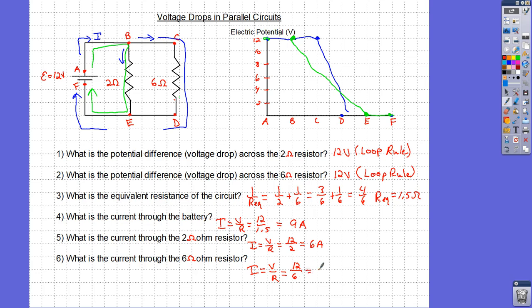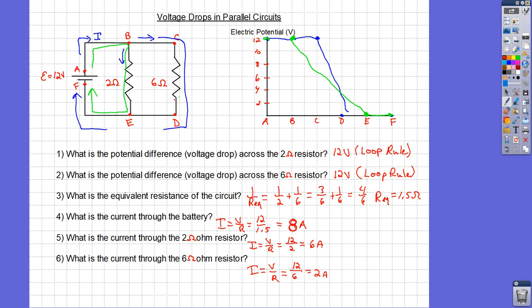So that's going to be 2 amps, which means, was I wrong? Did I do my math wrong here? 1.5. Yeah. So that would be 8 amps, right? Yes, that would be 8 amps, not 9 amps.